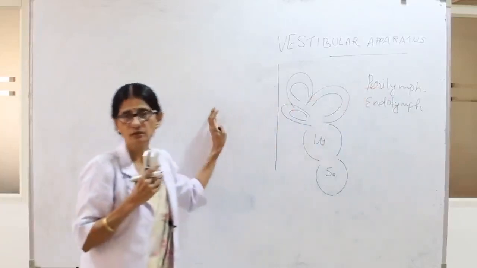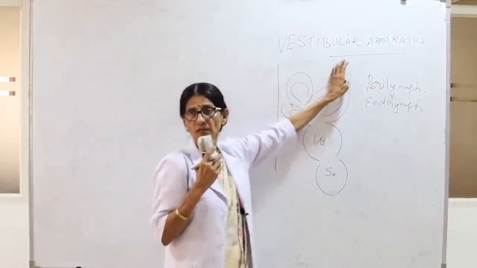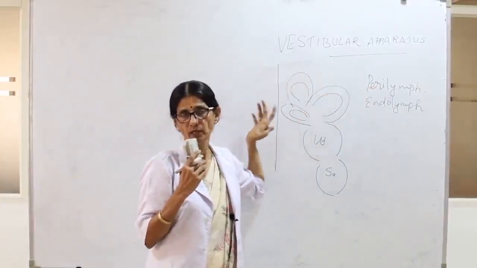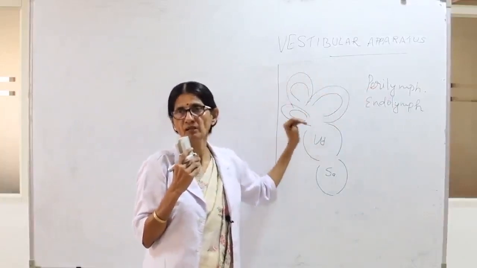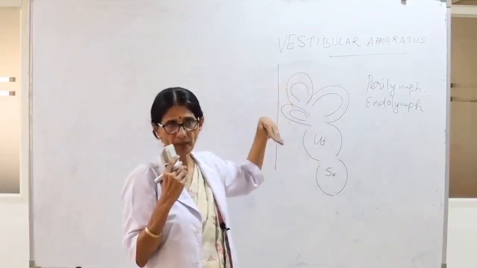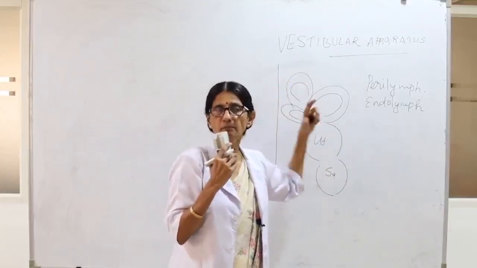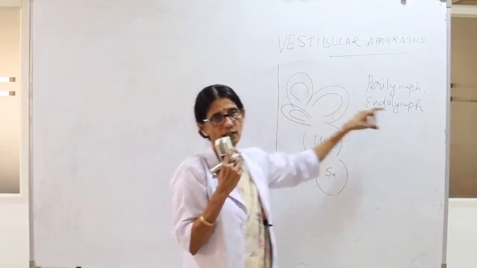Both of them are different for some reasons. The perilymph is situated between the bony labyrinth and the membranous labyrinth, whereas the membranous labyrinth will be filled with endolymph.